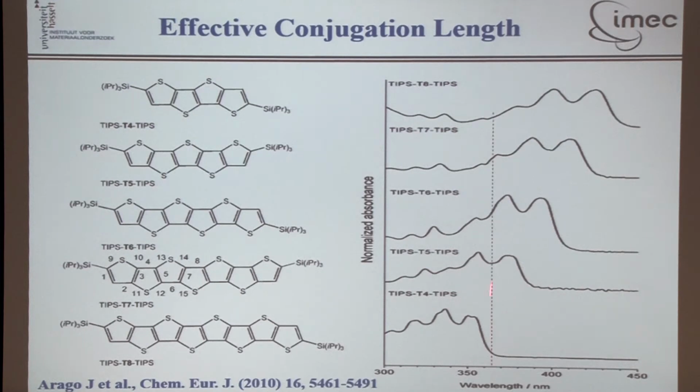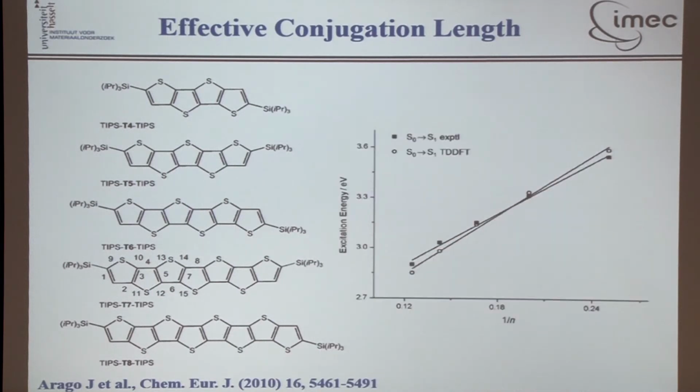Still, if you look at the onset of the absorption spectrum, you see that this onset shows the same behavior. At first the change is larger, and as your oligomers become longer and longer, you get a saturation. This is also typically visible when you plot the onset of the absorption band against the inverse of the chain length.